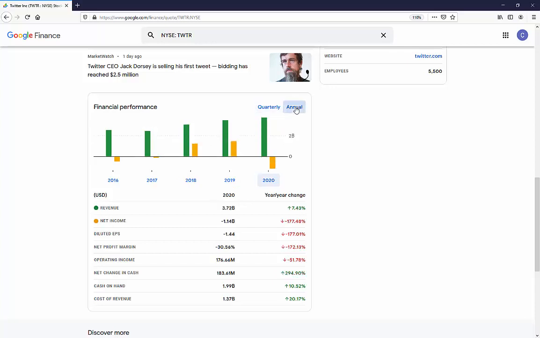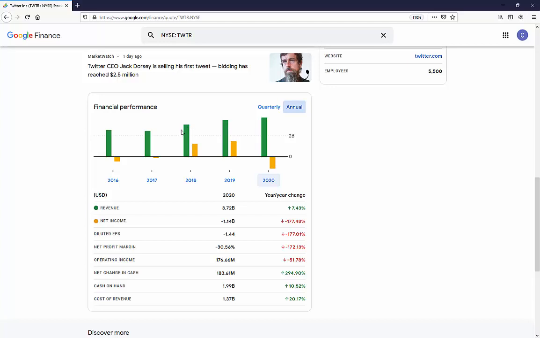Or you can look at it on an annualized basis. And you can say, okay, what do we like? What do we dislike? Well, in the case of Twitter, the revenues have really been increasing. They're bringing in more and more money, aren't they? You can see the revenue of 2020 was 3.72 billion, which was higher than probably the 3.3 or whatever in 2019.